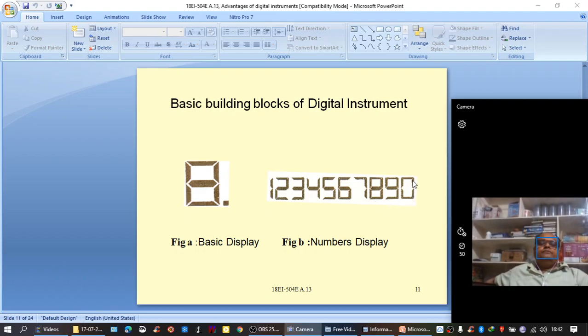Suppose if it is 0, except for DP and the bit G, the remaining bits are to be turned on. So this is how a 7-segment decoder driver from the signal processing unit produces equivalent digital output which energizes appropriate bits in the 7-segment display unit to produce numeric display of the quantity being measured.